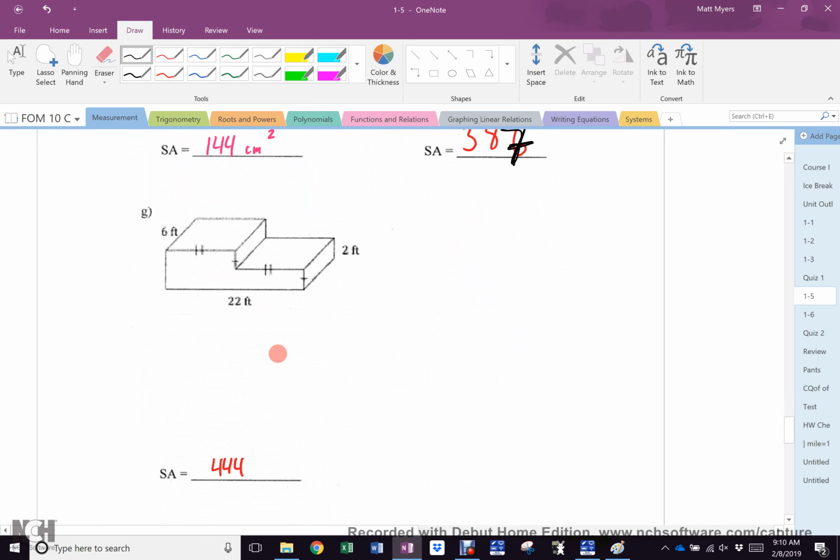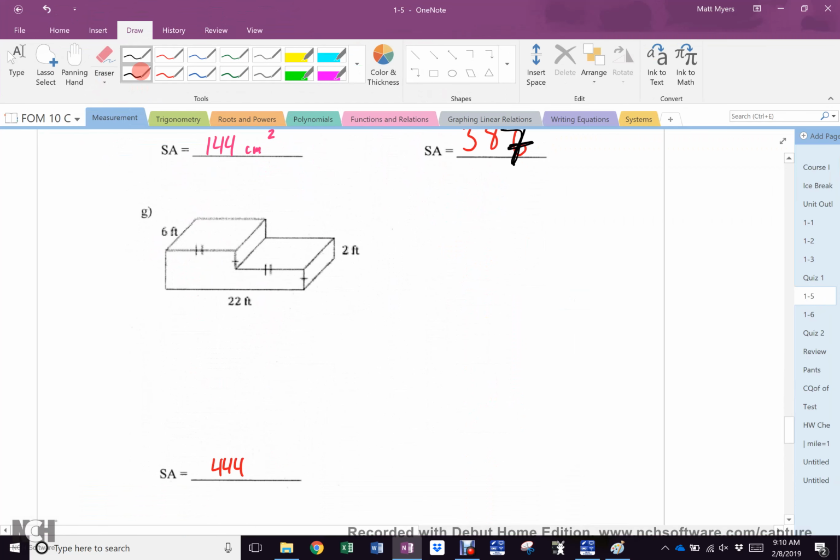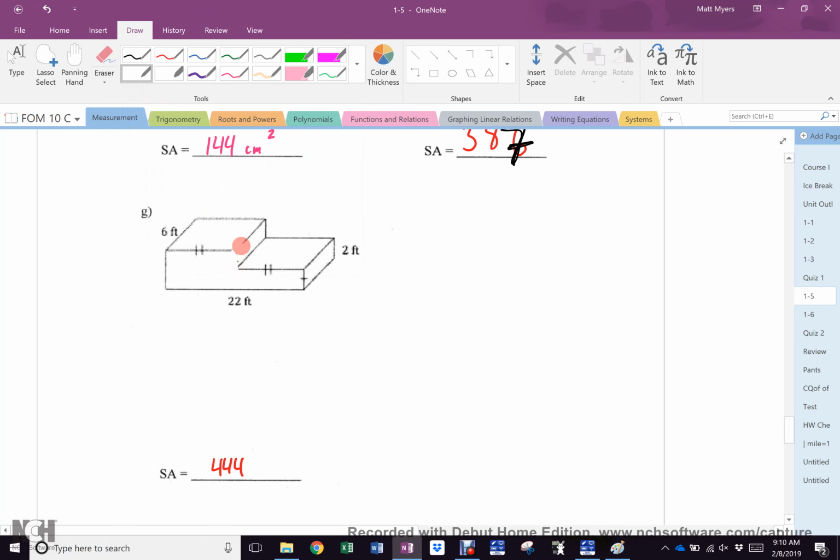Now this one, again, some of you might have split it that way, found the overlaps. Some of you may have split it that way, found the overlaps. What I like to do is this. I find the whole thing, right?